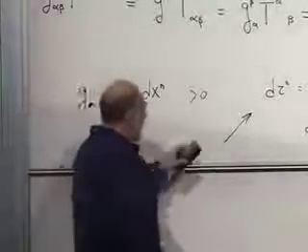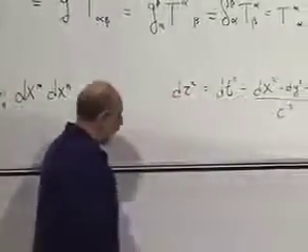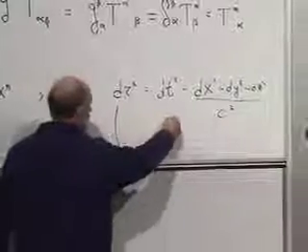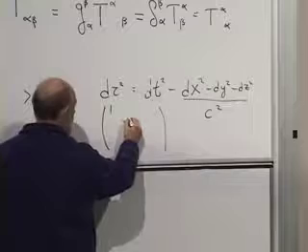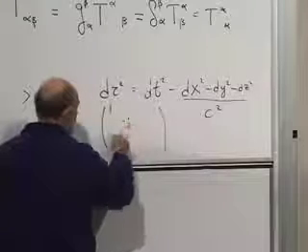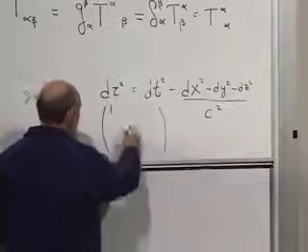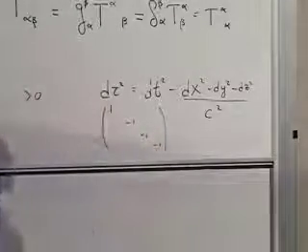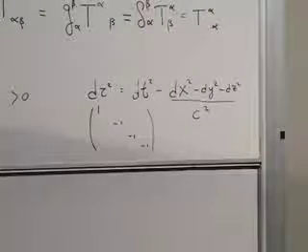All right? Looking at this, we could write down the metric tensor. The metric tensor as a matrix would have a 1 and a -1 over c squared. Let's get rid of the c squared now. Now that I've put the c squared in, let's take it back out. 1, -1, -1, -1. How many positive eigenvalues does it have? 1.